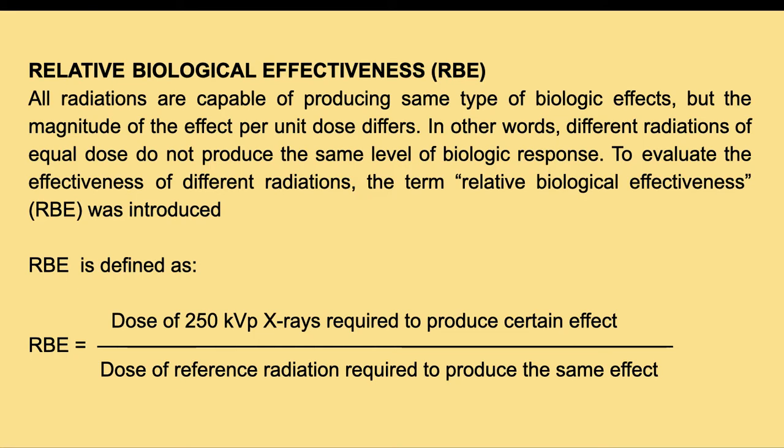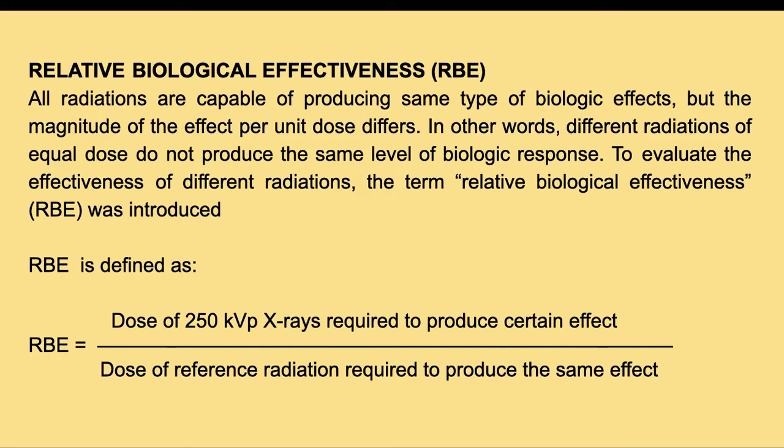That means if you have X-rays, gamma rays, electrons, alpha particles, etc., the effect will be different even at the same dose, say an absorbed dose of 1 gray. In other words, different radiations of equal dose do not produce the same level of biologic response.